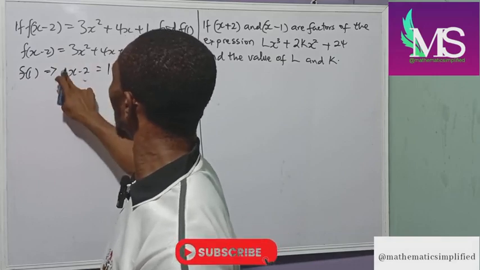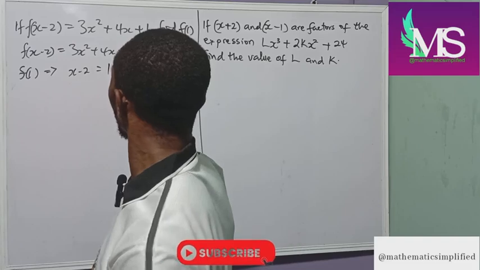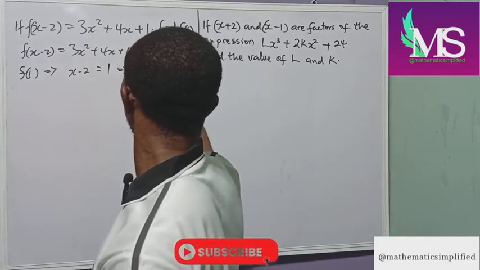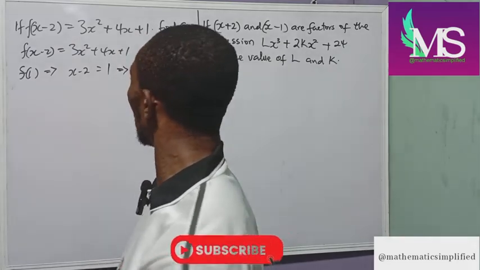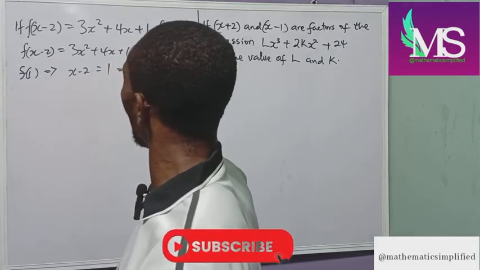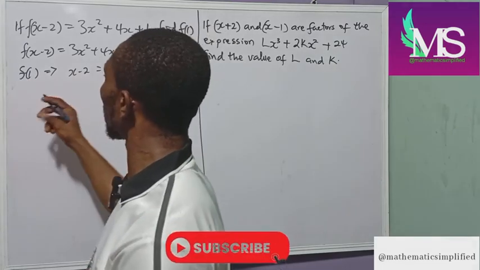So this will give us x equals 1 plus 2, which will be 3. So for f of 1, we are having x equals 3.